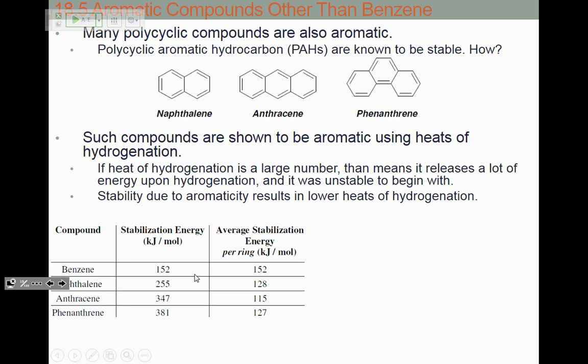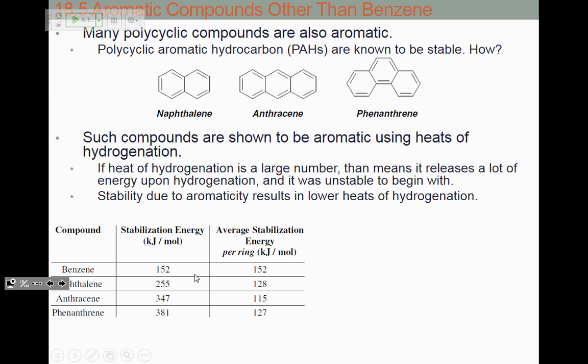But for these, this is the total stabilization energy. This is the average stabilization per ring. So this is a normalized value. Because we have more pi bonds in these examples than we do in benzene, what we did was normalize it to where we're comparing each 6-membered ring as opposed to the whole system.